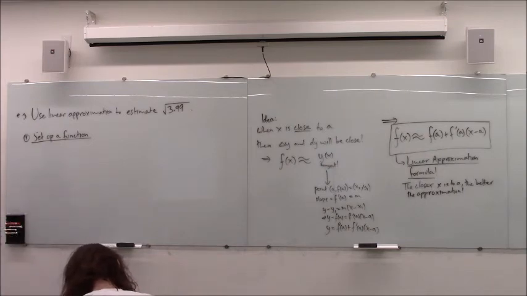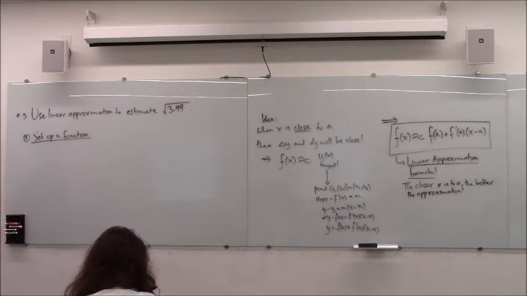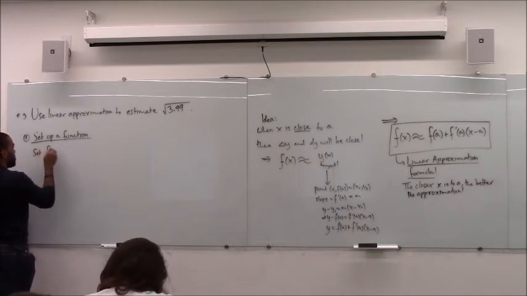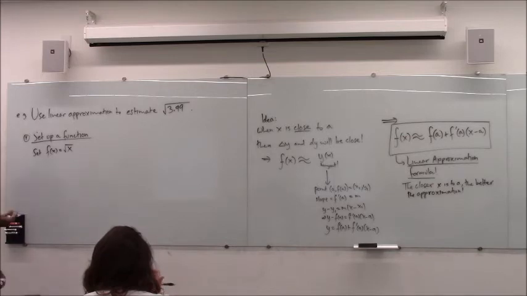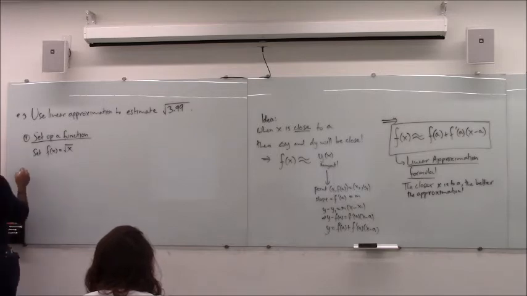What do you think a good function would be? Yeah? Square root of x seems like a perfectly good choice. So I'm going to say set f of x to be the square root of x. Now, of course, I want what its output is when x is 3.99, right? Which is not something that I really know off the top of my head anyway. Okay, so that's going to set up a function.